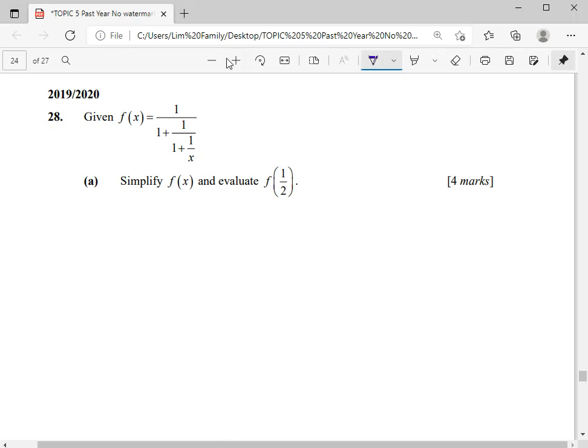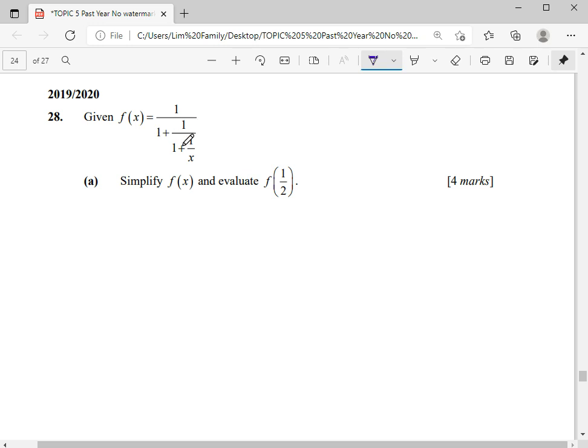So for question 28, this is a rational function with a very complicated denominator. The first thing you have to do is simplify, because this rational function is not in a simple form. If a rational function is in a simple form, you can see the numerator and denominator clearly.